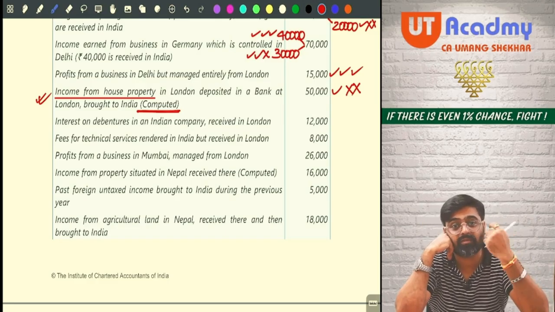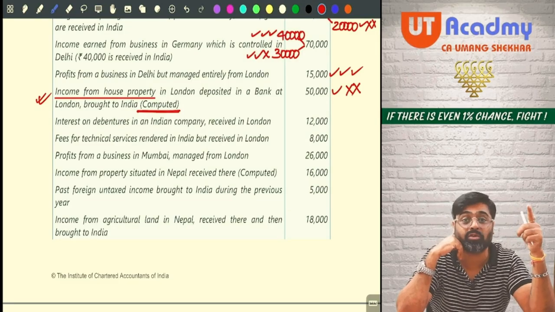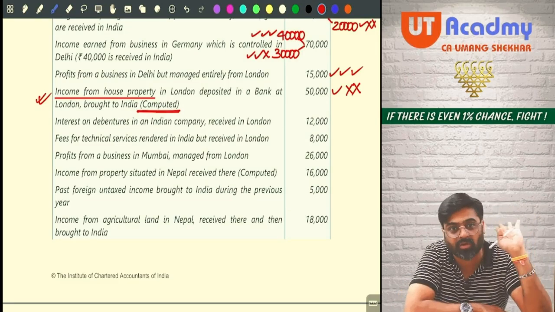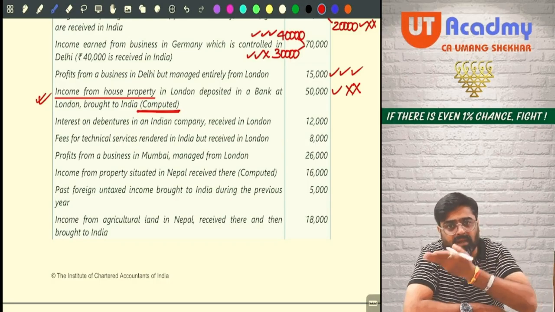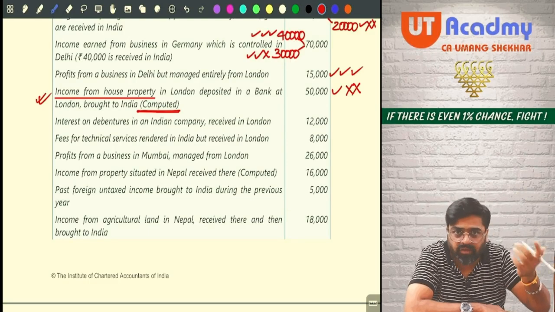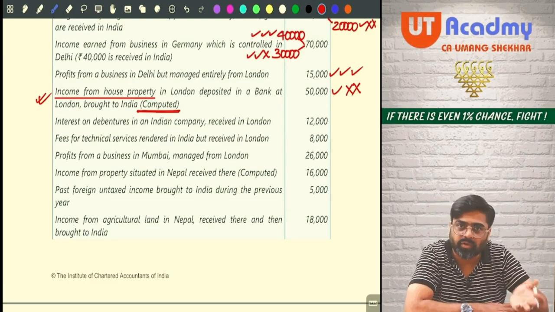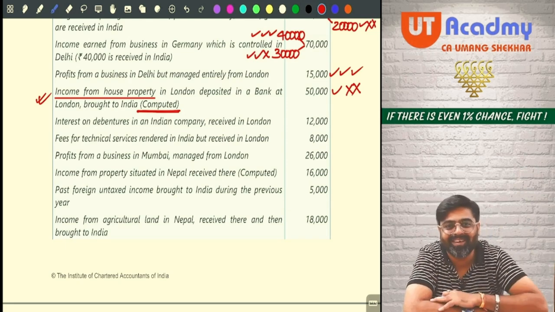But one exception: if the loan was used by that resident for a business or profession or source of income outside India, then it is not deemed to accrue or arise in India. But that is not the case over here. They are not saying that the money which they have taken as loan was used outside India. Are they saying it? No. So it is income which is deemed to accrue or arise in India.